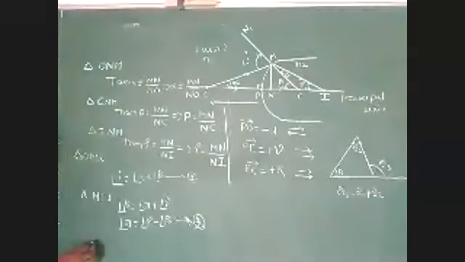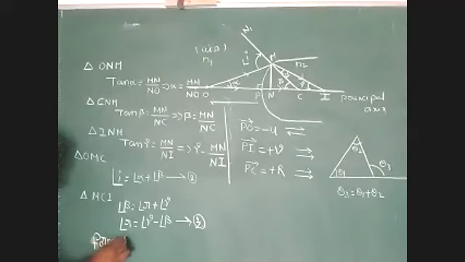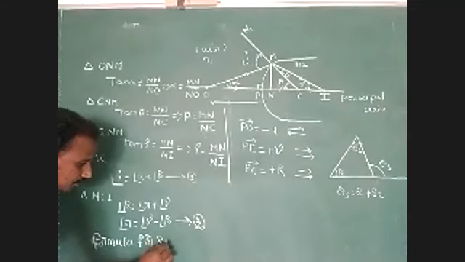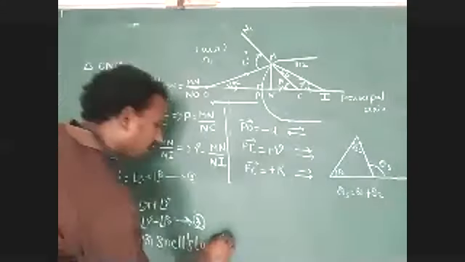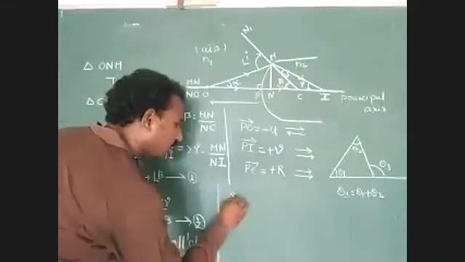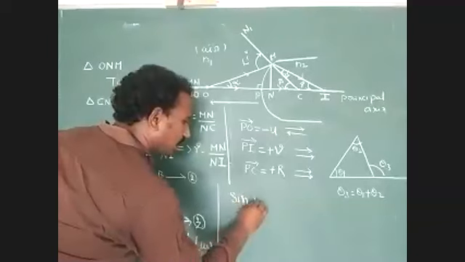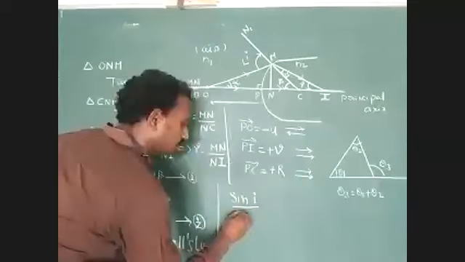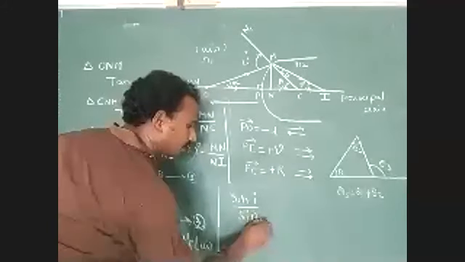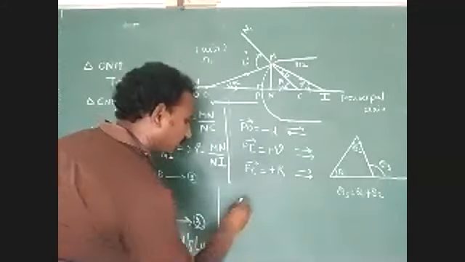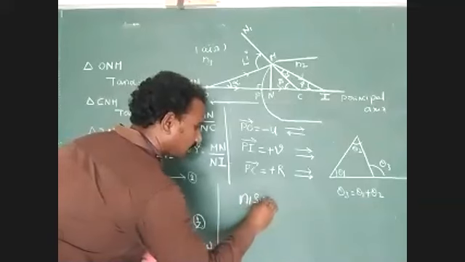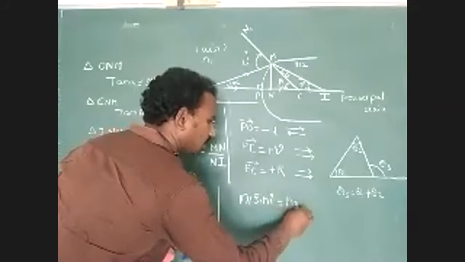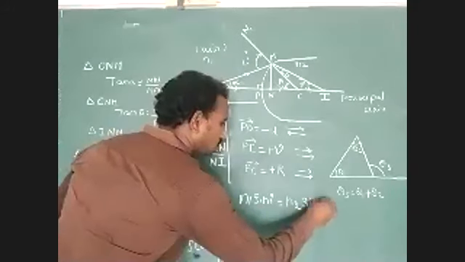Now we have to write the formula for Snell's law: sin I by sin R equal to n2 by n1, that is, n1 sin I equal to n2 sin R.